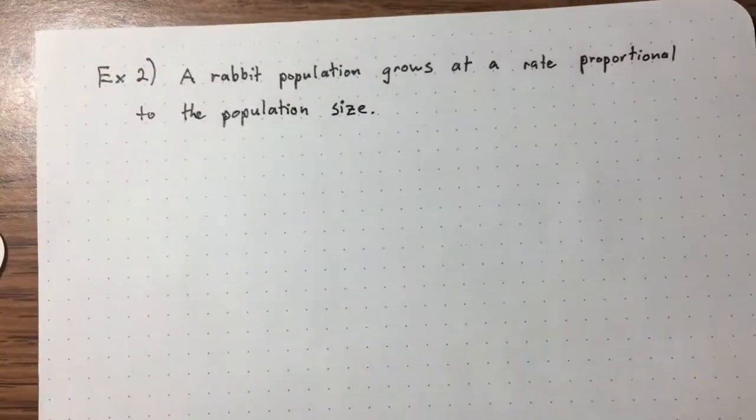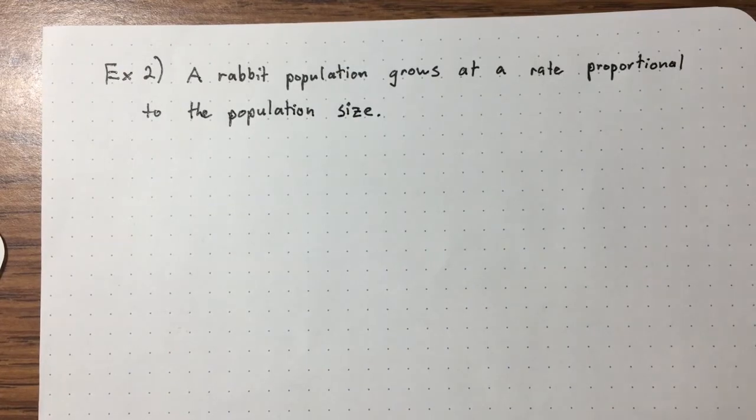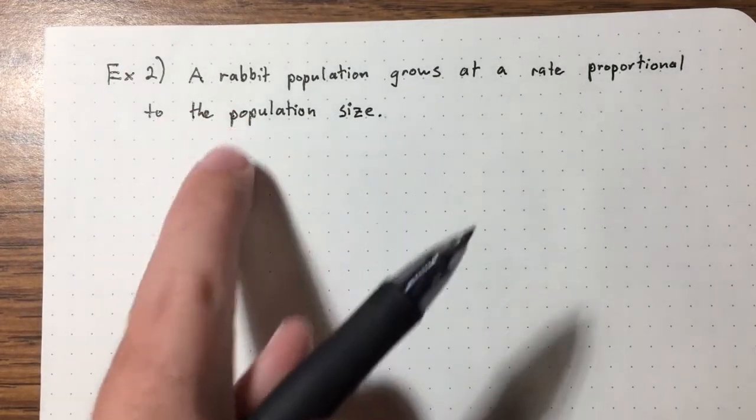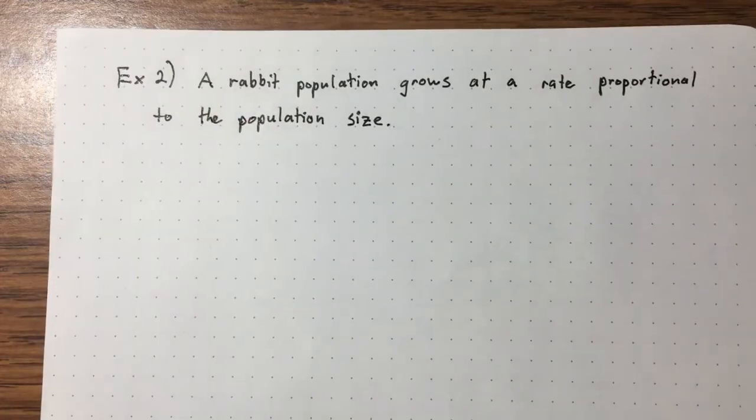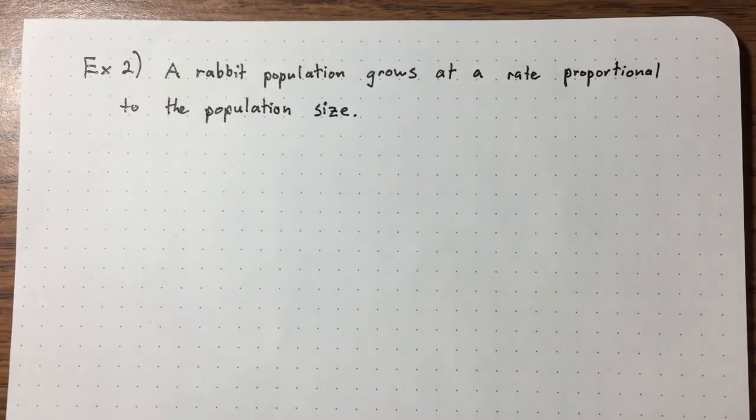Okay, so let's just think about this to make sure this makes sense. If we only have a few rabbits, then only a few of these rabbits are going to be reproducing, and we're only going to be adding a few new rabbits to the population every year. Whereas if we have a lot of rabbits, a lot of them are going to be reproducing, we're going to be adding many more rabbits every year. So this makes a lot of sense.